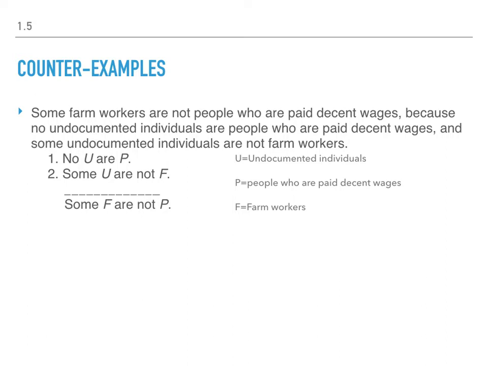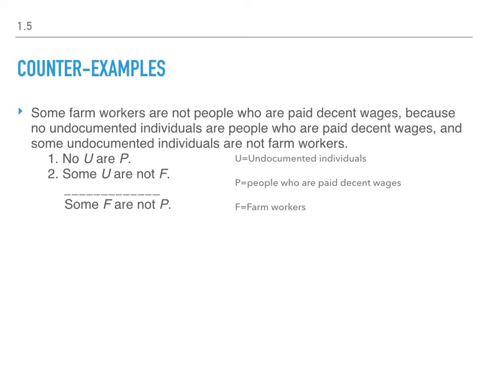We know that this argument is invalid. That's what we're told. The task at hand is to prove that it's invalid by thinking of a set of categories which we could replace U, P, and F with, and then reveal that the premises are possibly true while the conclusion is false.